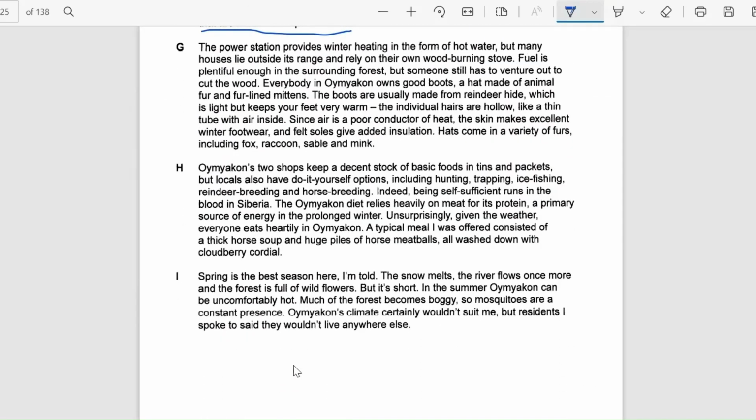G is talking about the power station that provides hot water, but the houses lie outside its range. So there are many houses that are not connected to the power station. This was mentioned in the previous paragraph also. So what do these people do?